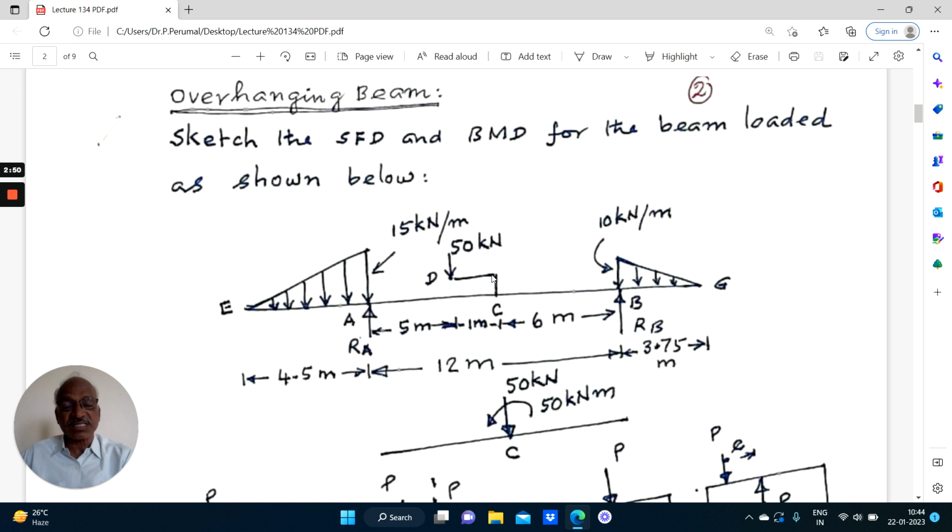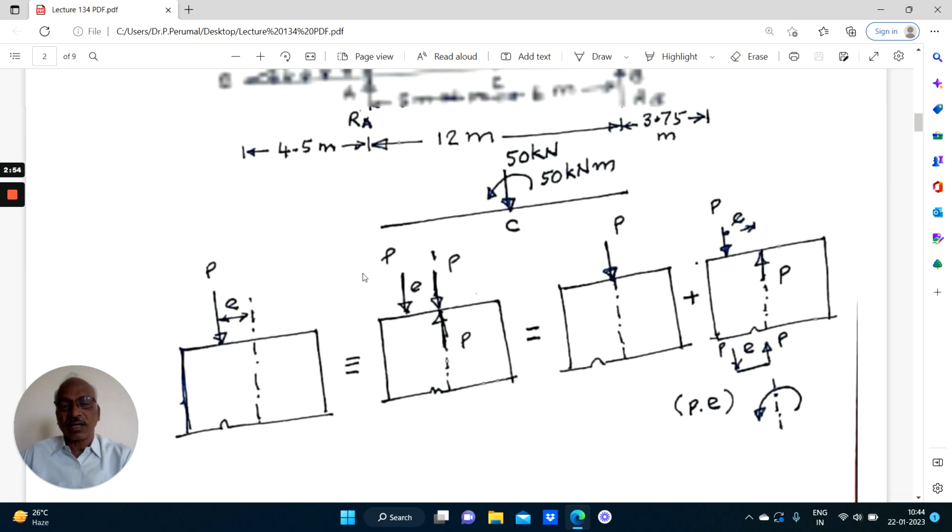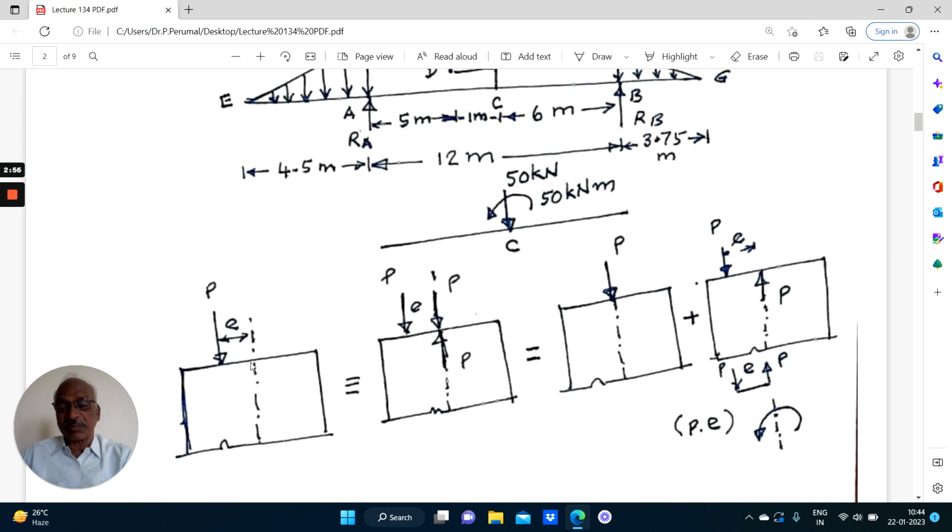Now, if this is the case, when a load is applied with respect to the axis, when a load is applied at an eccentricity, now here, same diagram is repeated here. Only thing is, we have applied P upward and P downwards, so that there is no change. P and P will get cancelled, you will get this figure, right?